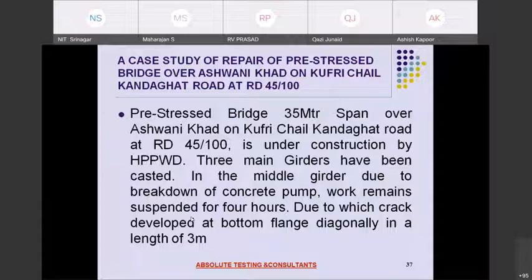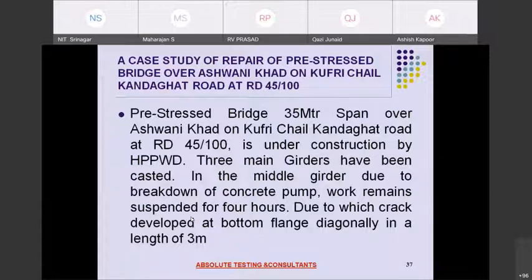The design of the structure was such that 3 main girders were cast. In the middle girder, due to breakdown of the concrete pump, work remained suspended for 4 hours, due to which a crack developed at the bottom flange diagonally, in a length of 3 meters, at the time of initial stressing. Why did this happen?